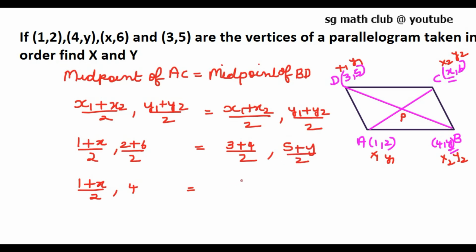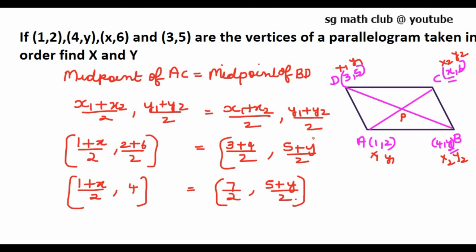So 3 plus 4 is 7 by 2 and (y plus 5) by 2. Now we will equate and then we will find out the value of x and y. So this is the coordinate of point P. P is the midpoint of AC as well as the midpoint of BD.